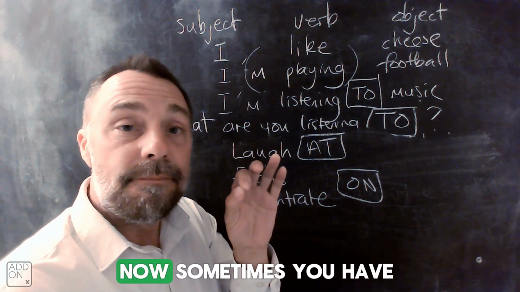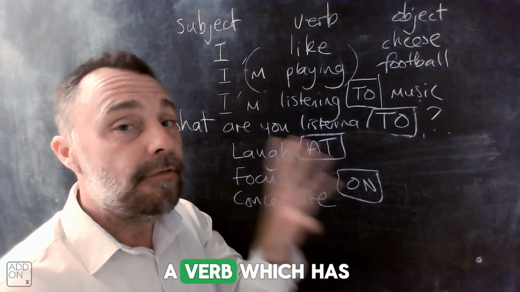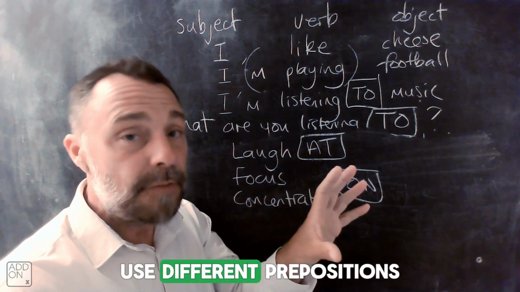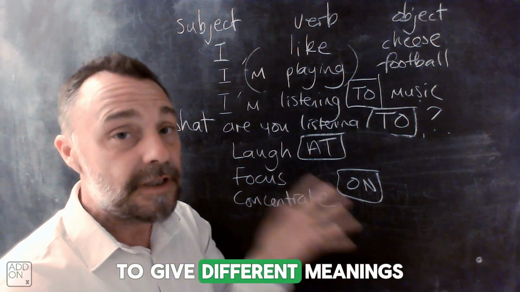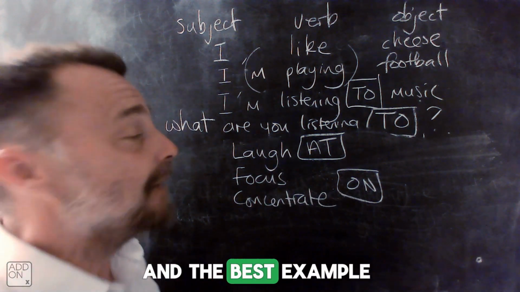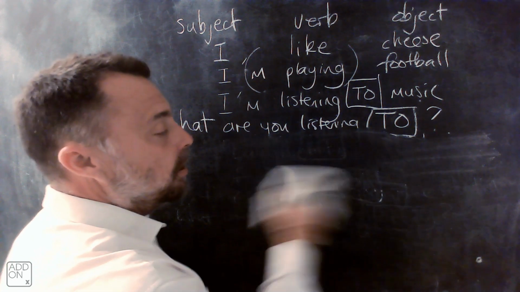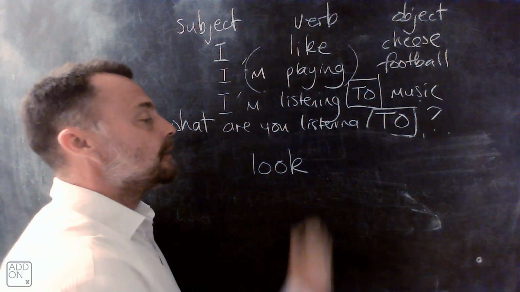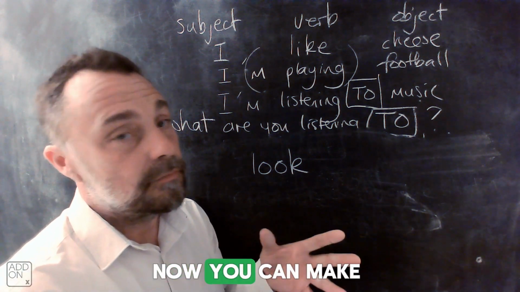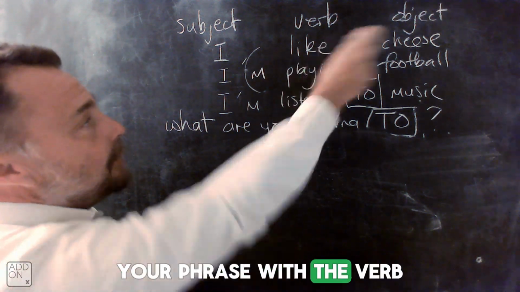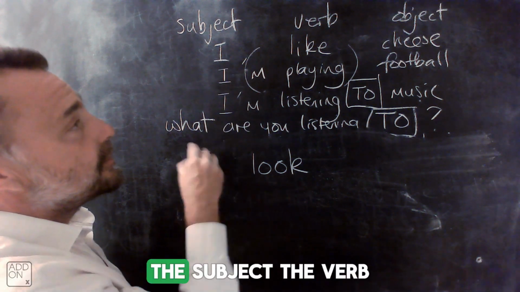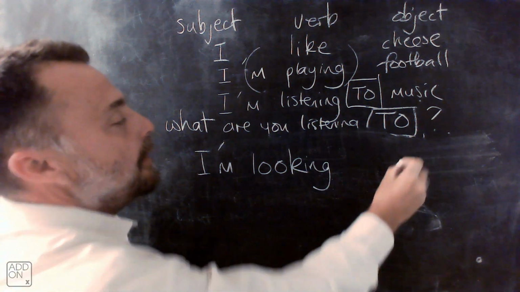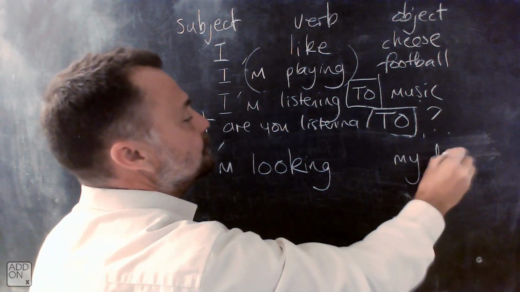Now, sometimes you have a verb which has a preposition, but the verb can use different prepositions to give different meanings. The best example of this is the verb look. You can make your phrase with the subject, the verb, and the object: I'm looking my dog.